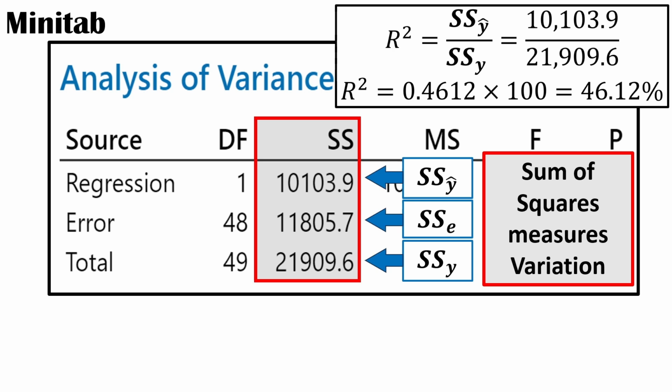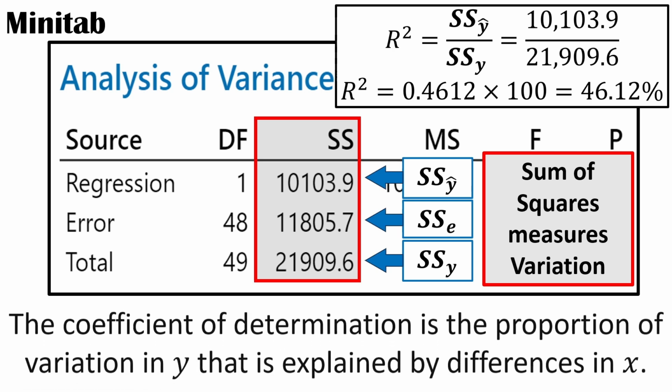That represents the variation that's been taken up by the fitted values. And on the bottom of the fraction, the 21,909.6, that is the total variation in the y values, in the observations, in the response variable. And so that ratio multiplied by 100 gives us 46.12%, which is exactly what we saw in the Minitab output.